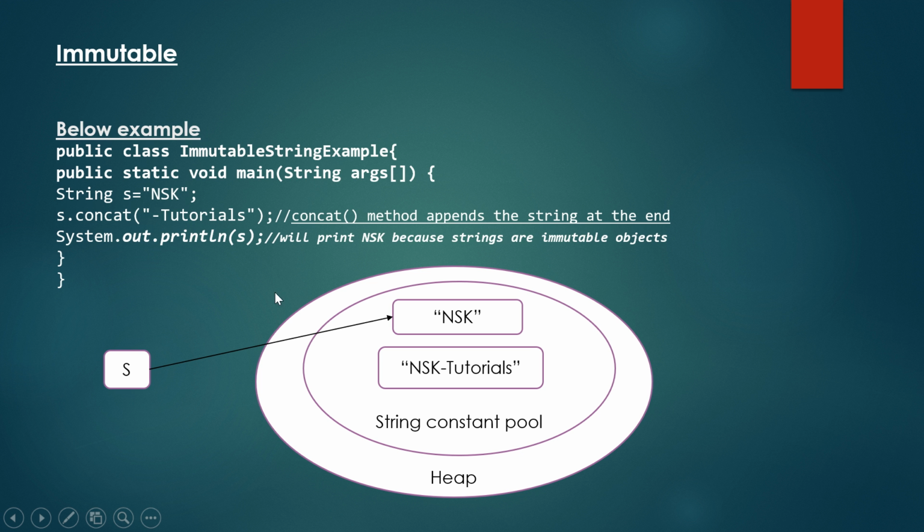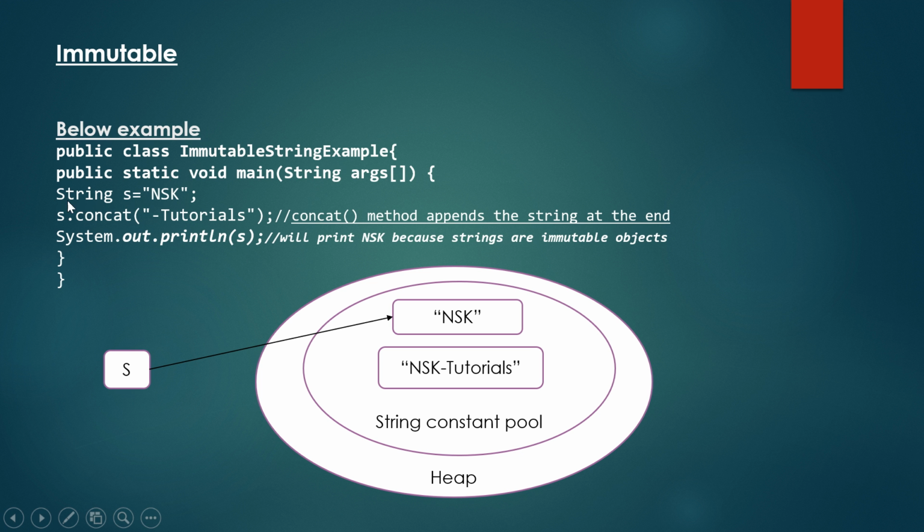So what happens in the string constant pool area is that it will not override or modify the existing created instance. It will just create the new content. Until we point the reference s to NSK tutorial, it will not change the pointing; it will still be pointing to NSK only.